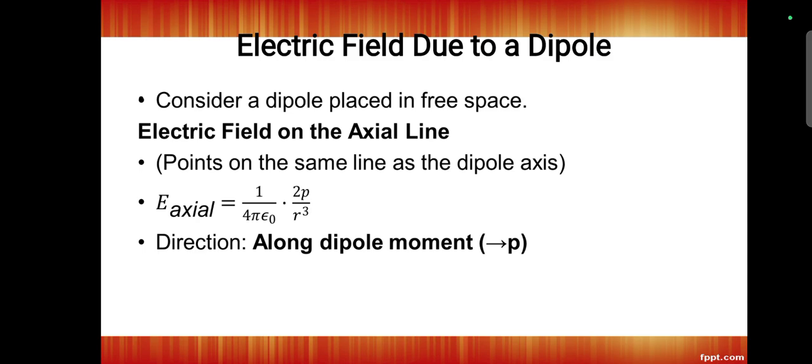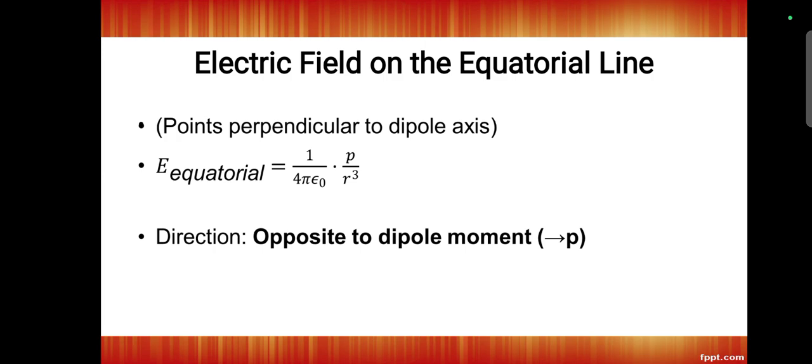So E on the dipole axis, E axial, is equal to 1 by 4 pi epsilon naught into 2 P divided by r cube. P is the dipole moment, and epsilon naught is the permittivity of free space. Direction is along P. Next, electric field on the equatorial line.